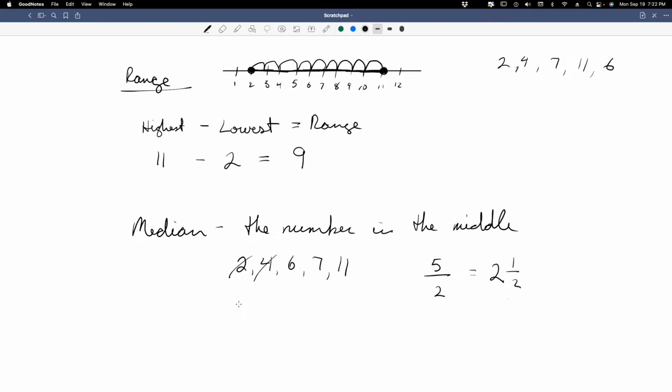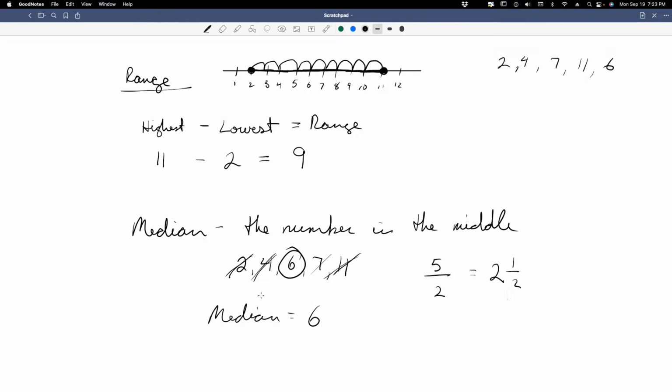So the median in this set of data is 6. That wasn't so hard. There wasn't really even any math. In fact, all you would have to do is just drop one off the end and one off the end, one off the end, one off the end, until you have one left.